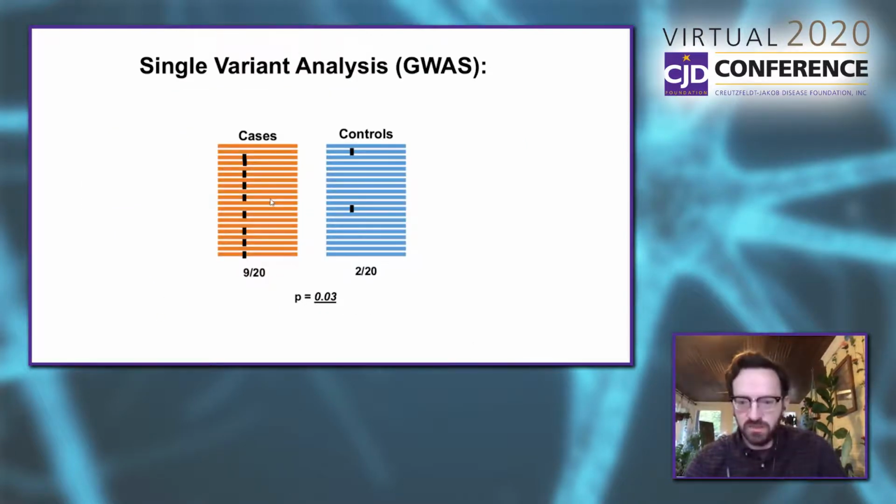So the first way, and Brooke alluded to this when she showed Dr. Mead's GWAS that was recently published, is to do a single variant analysis. So simply comparing the frequency of a genetic variant in cases and controls, where cases in our case are sporadic CJD patients and controls are individuals from the general population.